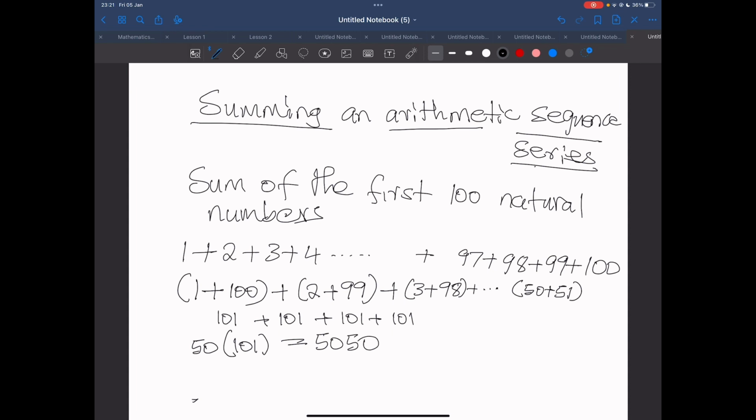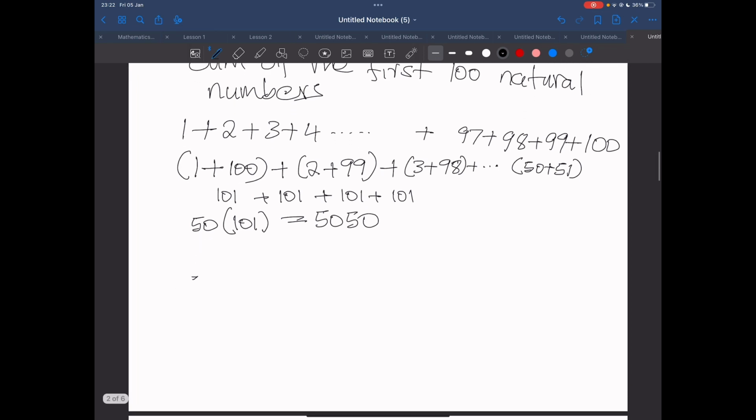Whilst others were still struggling, he gave the answer 5,050. And the teacher was so surprised. So now we are going to look at this method that has been used here to determine the sum of n terms of an arithmetic series. Right, let's generalize it.